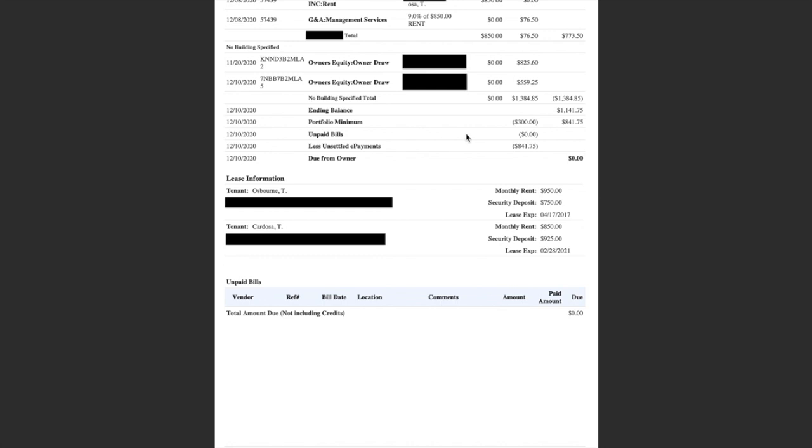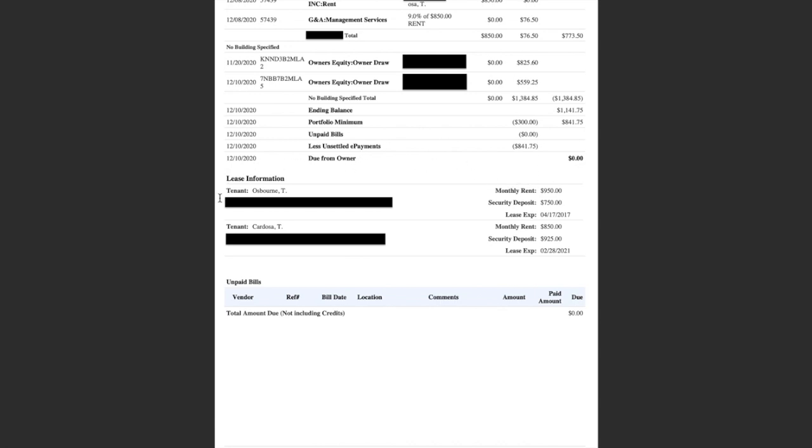That is typically only when there's an unpaid bill that exceeds your portfolio minimum, or if, again, there's an unsettled e-payment. I can't really think of another reason why that would happen, but those are the 2 most common reasons. So this is the end of the owner statement, financial activity.